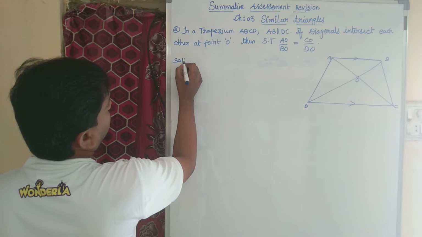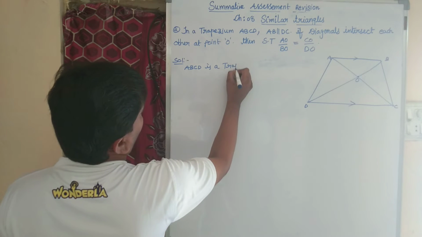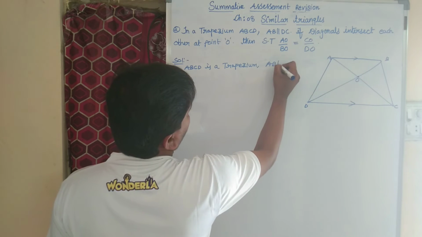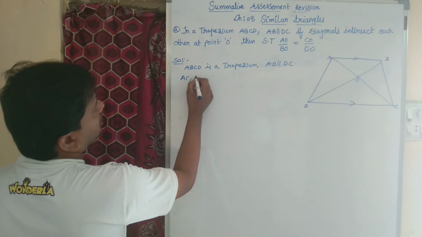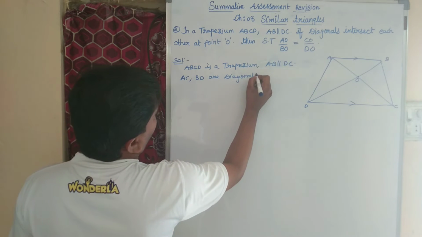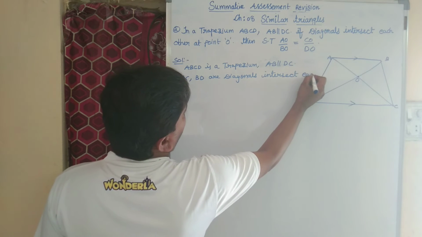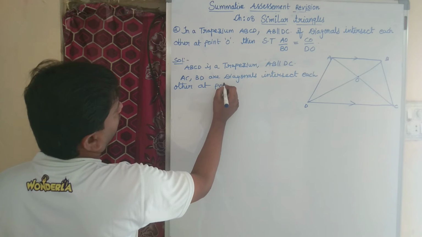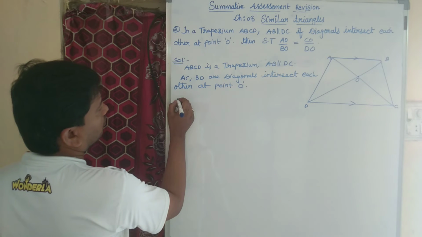So what is given? ABCD is a trapezium in which AB is parallel to DC, and AC, BD are diagonals intersecting each other at point O. Now, what is the construction?